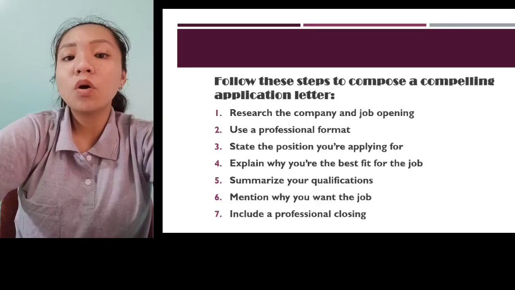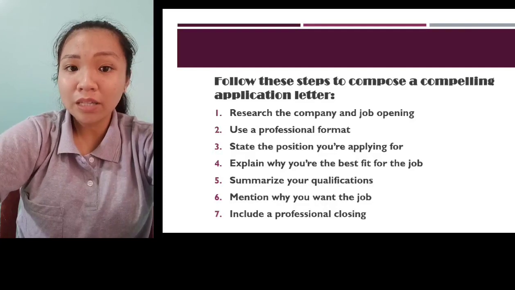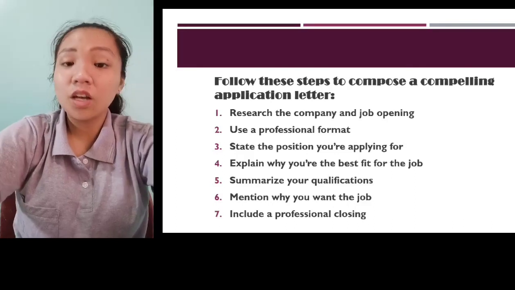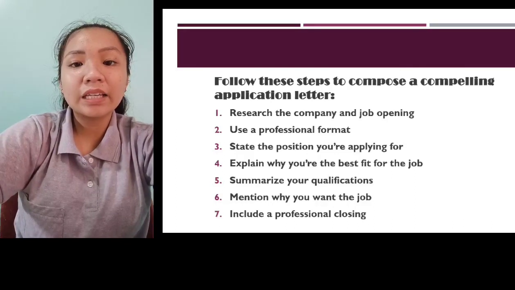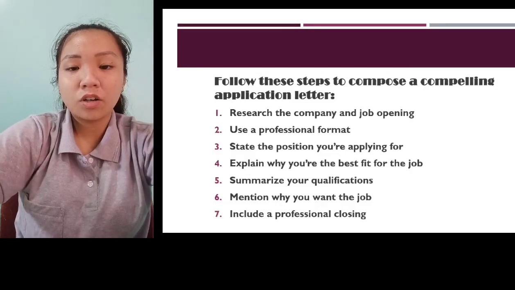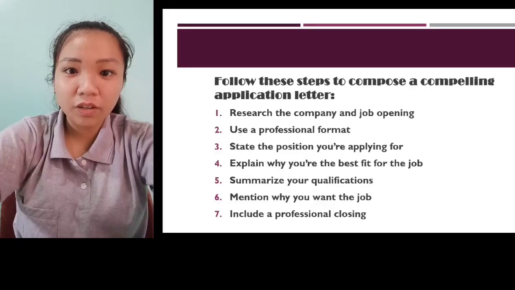The more you know about the job, the better you can customize your application letter. Look for details like recent awards the company has received, and the name and title of the hiring manager.